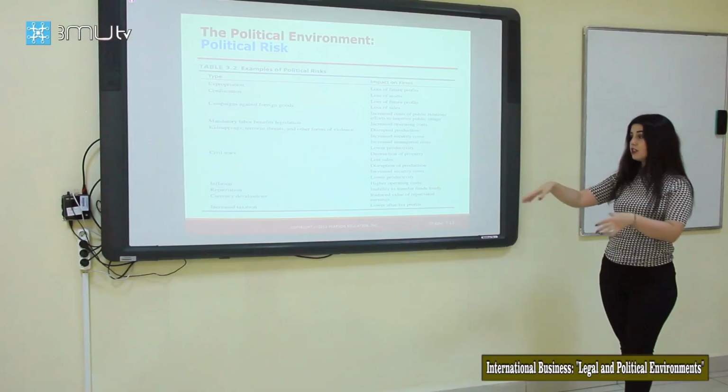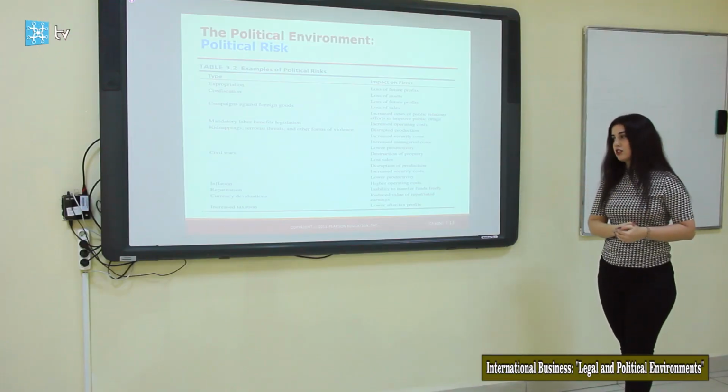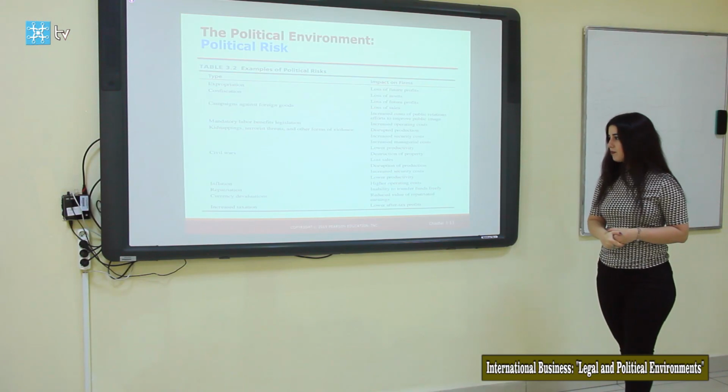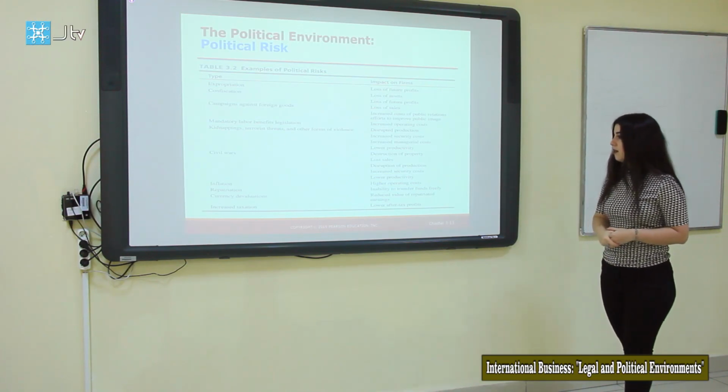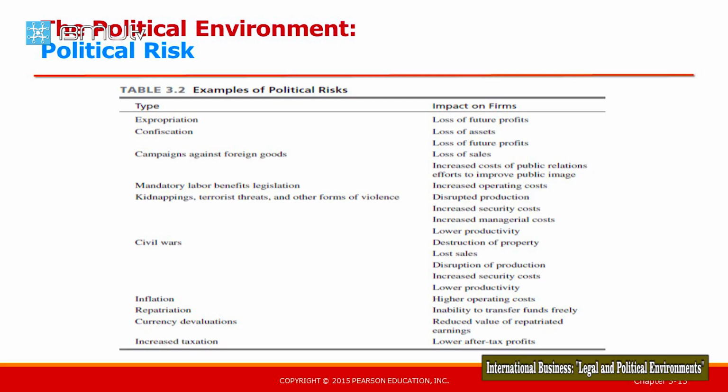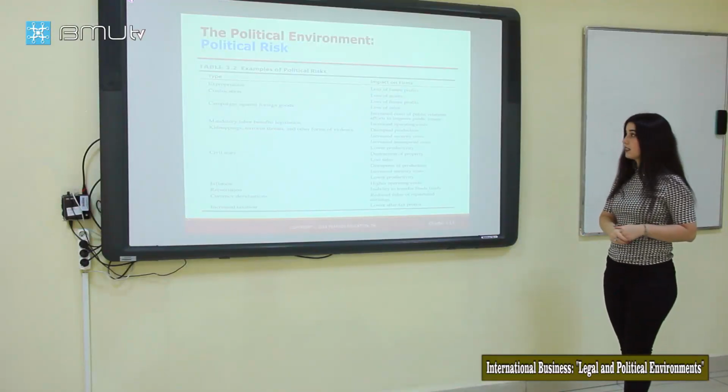And for repatriation, if there are changes in currency, of course there is a threat for them. And increased taxation means lower after-tax profits. If there is an increase in taxes, or a change in the taxation code, it impacts after-tax profits.